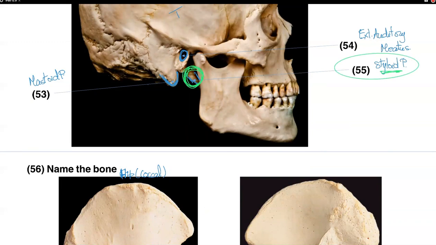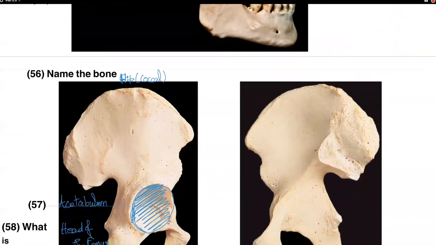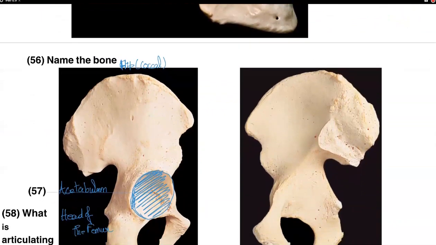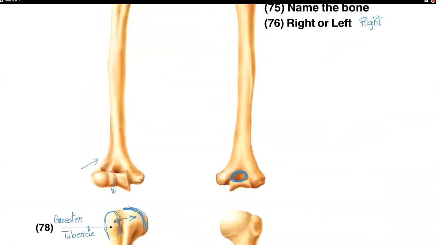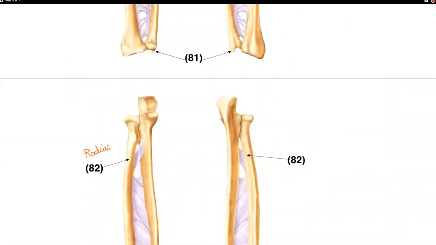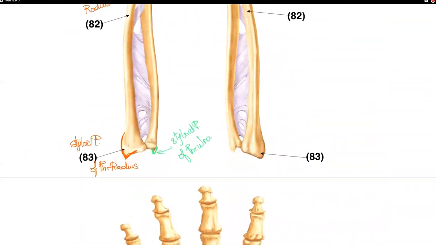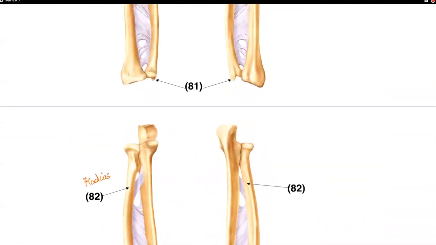All right, so it's very important to be as specific as possible in the exam. So styloid process of the radius, styloid process of the ulna, be as specific as possible. So you see on here, this is my styloid process of the ulna.